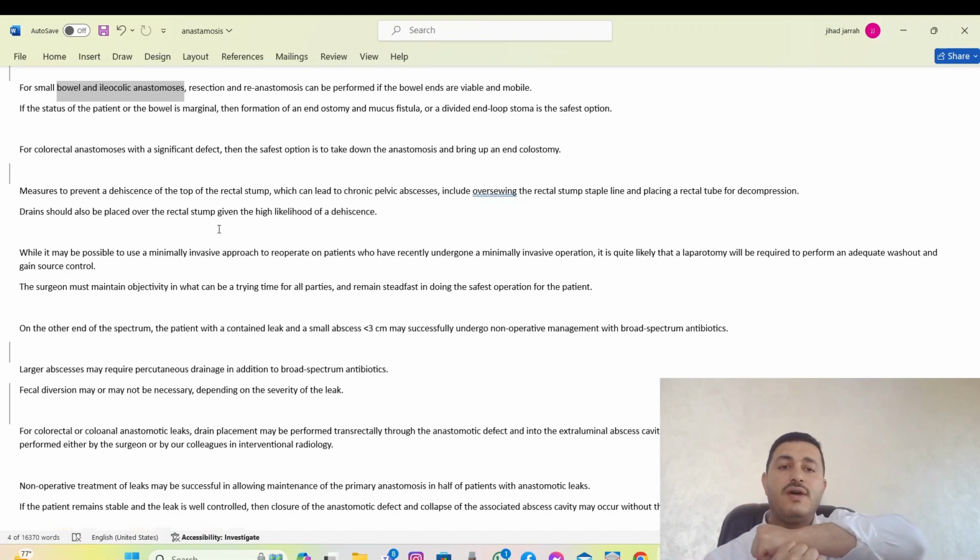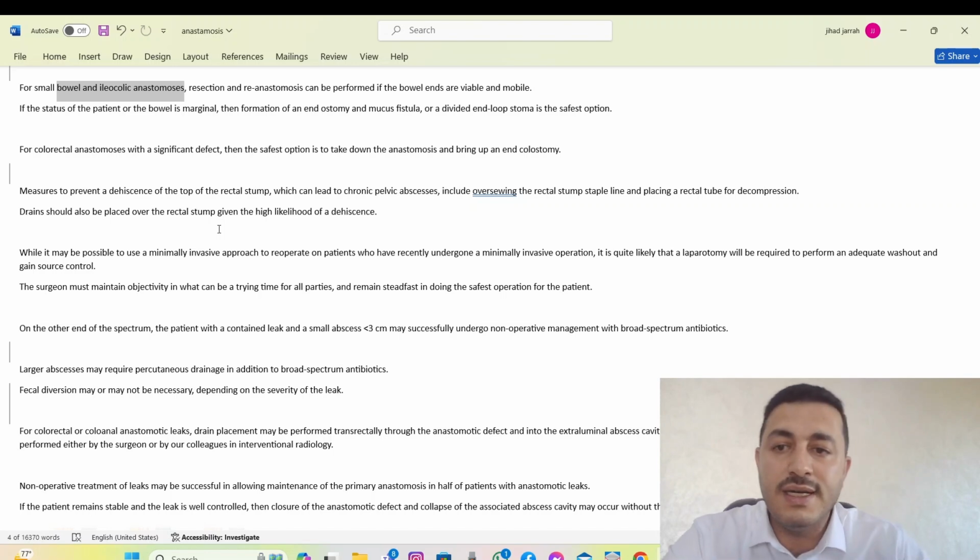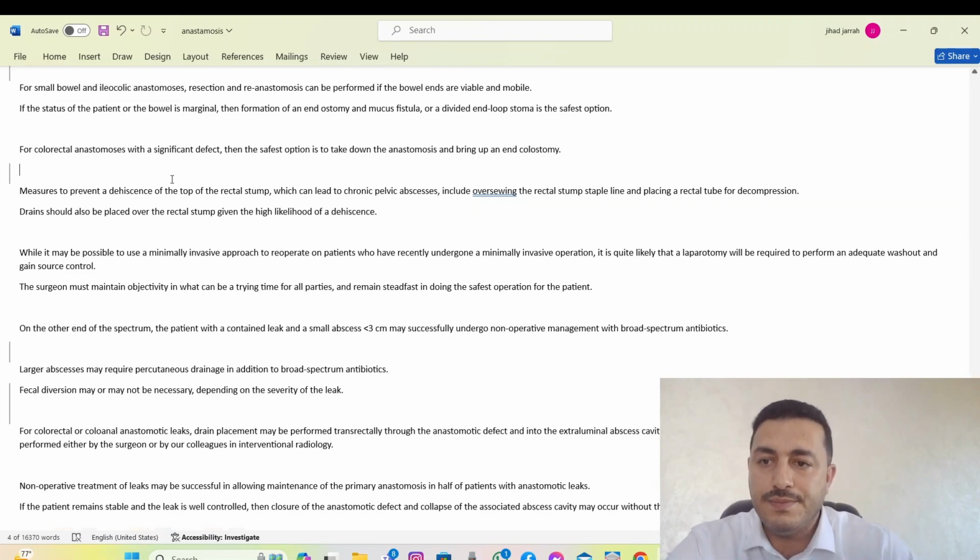For the distal part, the rectum, we have a problem with dehiscence, so we have to oversew the distal part, the rectum, putting a drain near the rectal stump and a drain through the rectum to prevent the dehiscence.